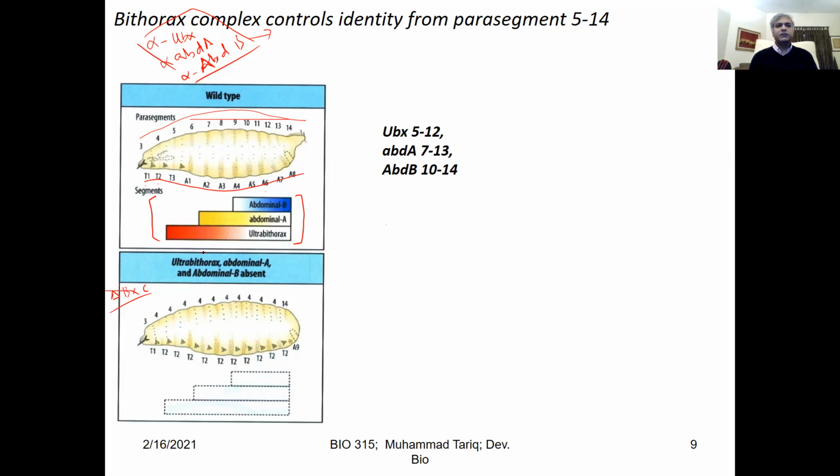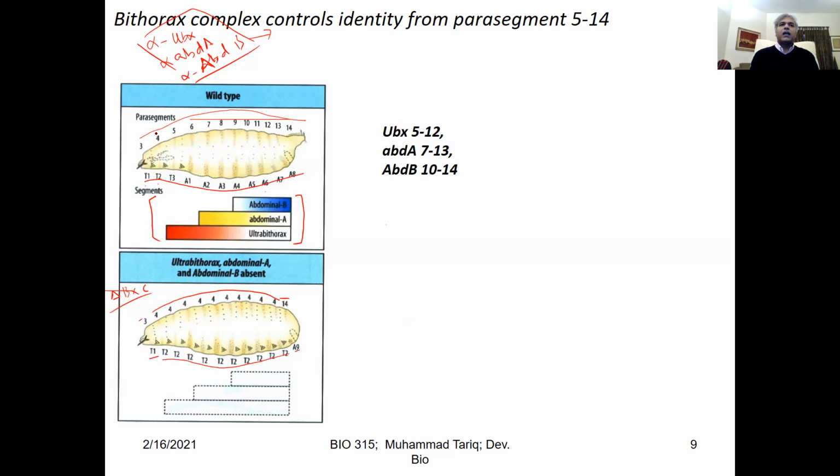What was the phenotype? Goodness. Look: 4, 4, 4, 4, 4, 4, 4, T2, T2, T2, T2, everything.